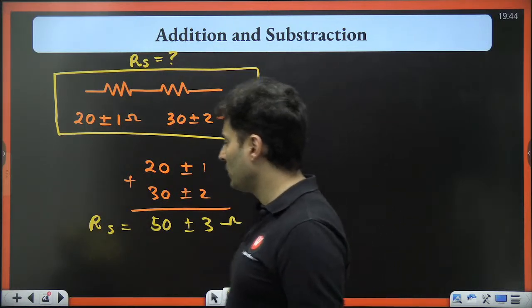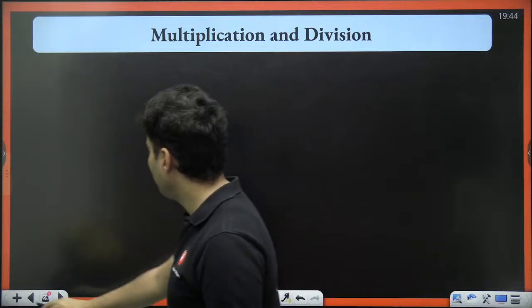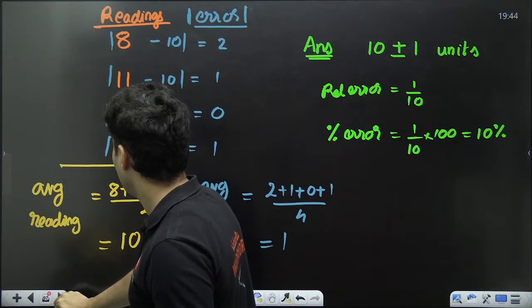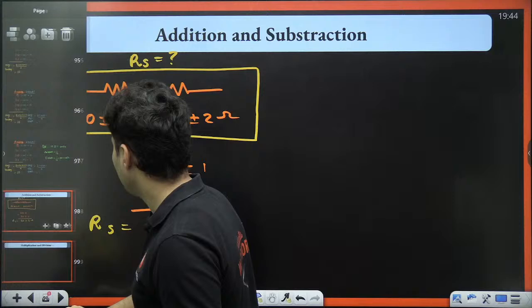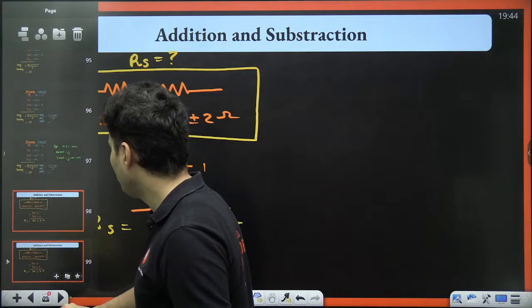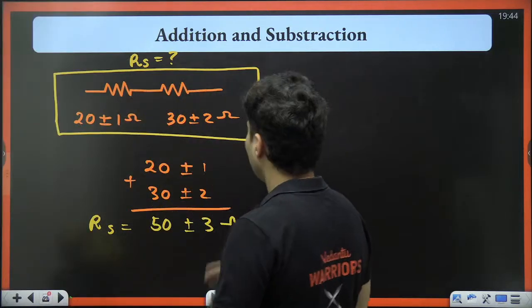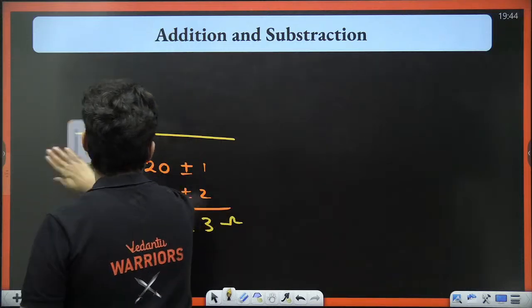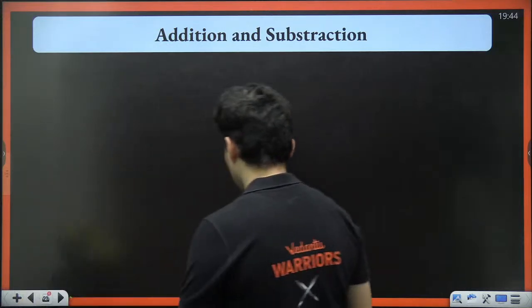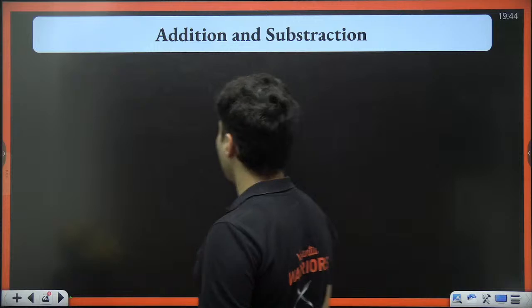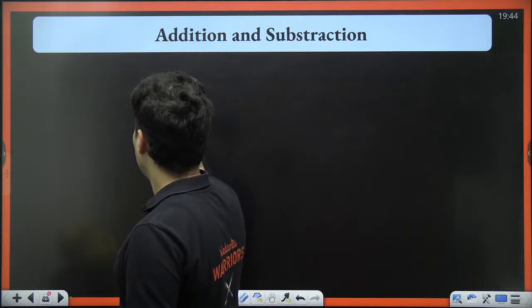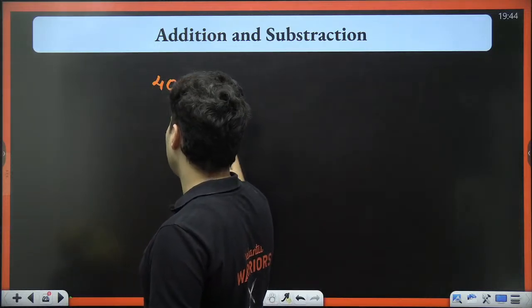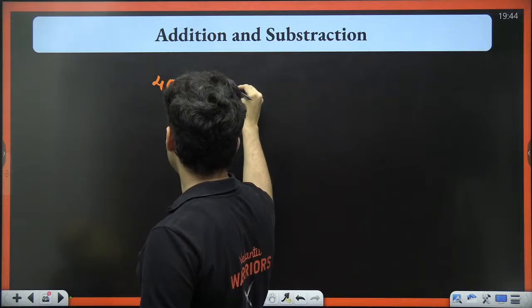Okay, but what about this? Maybe somebody gives you something like this. There is 40 kg of mass plus minus 3 kg.